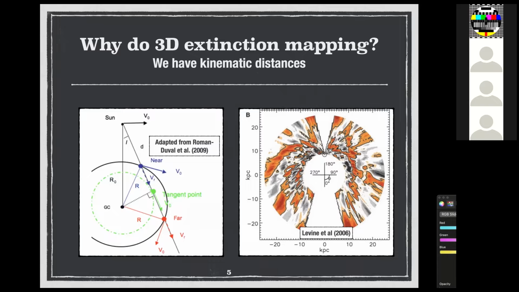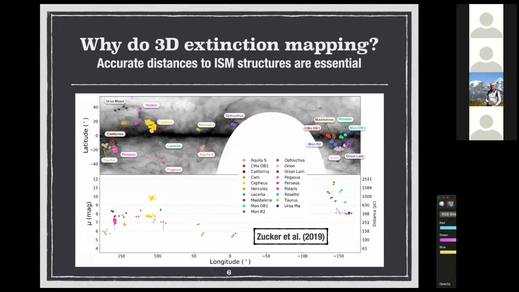So kinematic distances are good. Extinction distances are a very good complement. Here's an example from just 2 years ago from Catherine Zucker and collaborators. So looking at different molecular regions, you can see in the top panel, the plane of the sky showing different regions and color-coded.